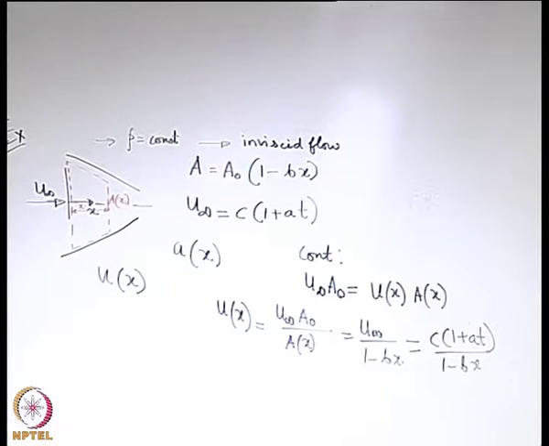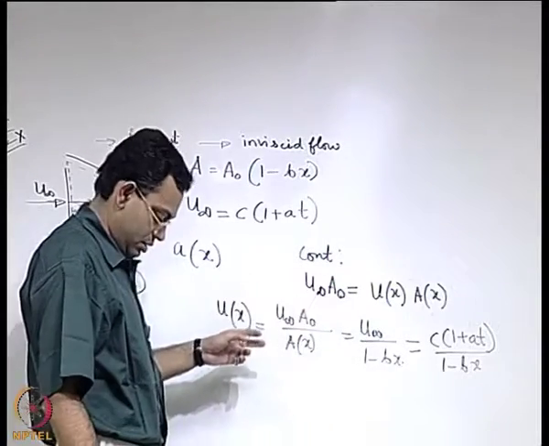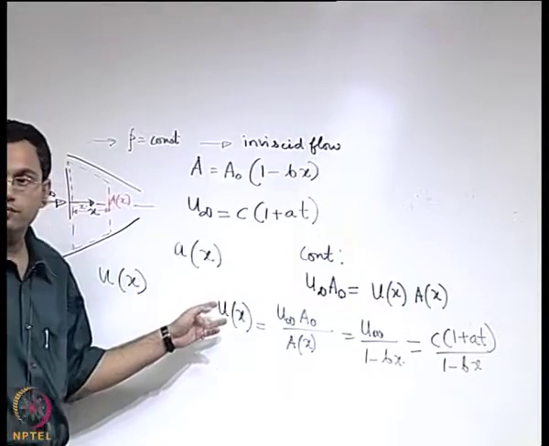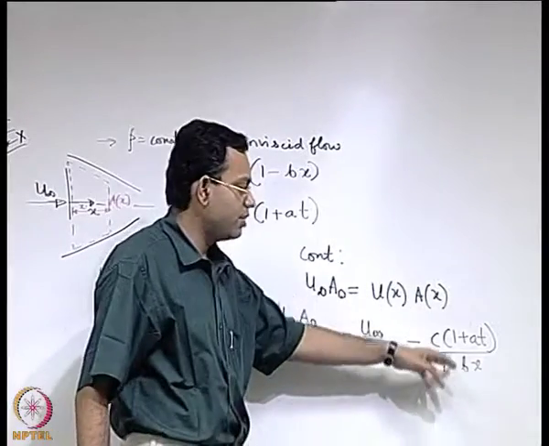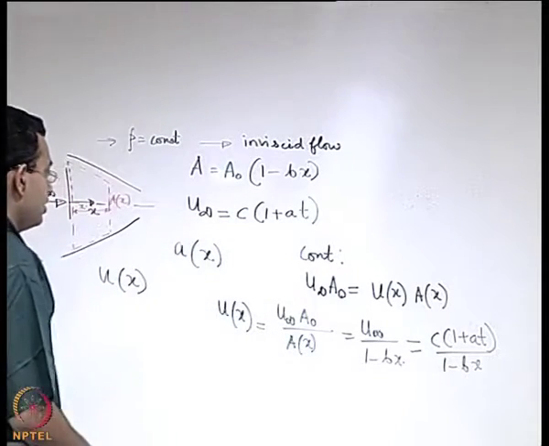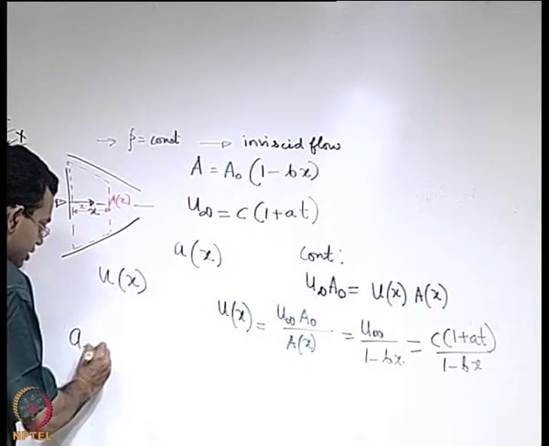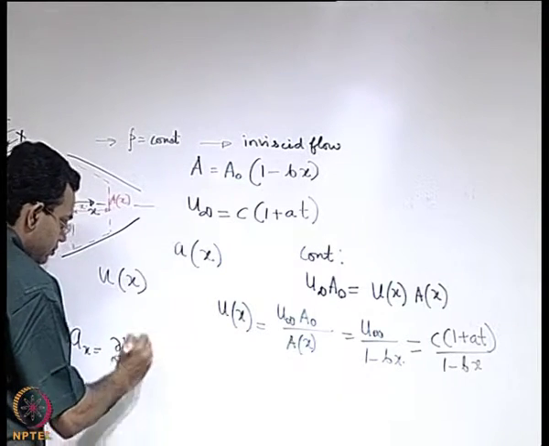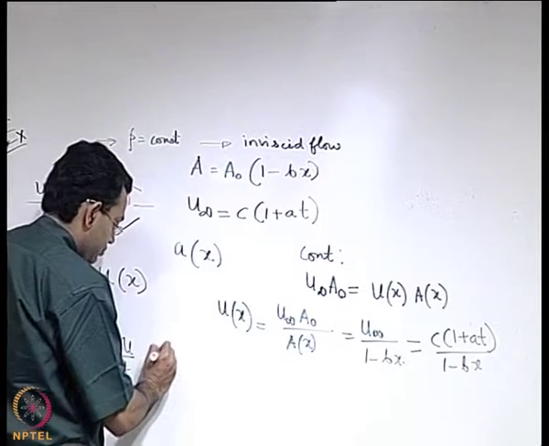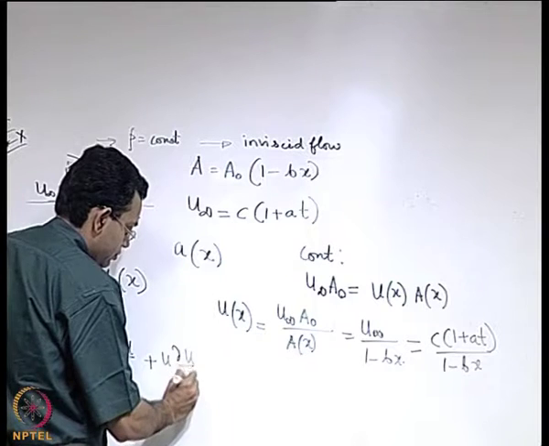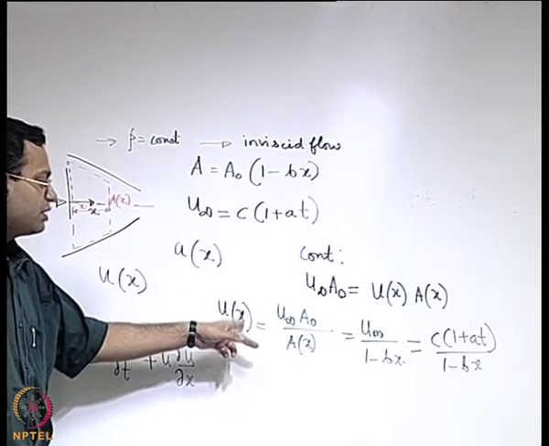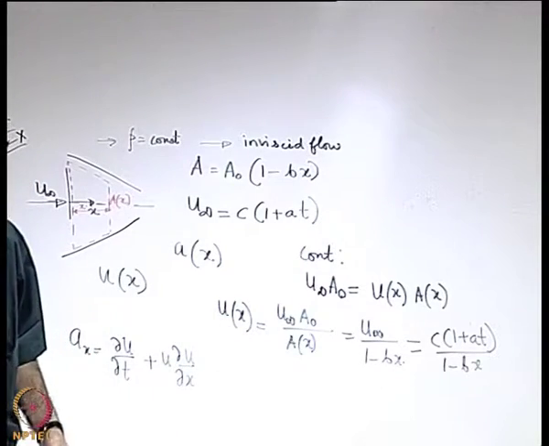Once you know what u is as a function of x, the next thing that you can do is utilize the expression for acceleration. So, it is not only a function of x, but also a function of time. So, the remaining work is very straightforward, the acceleration along x. It is just a one dimensional type of flow, but u here we write is not just u as a function of x, but it is also a function of time.